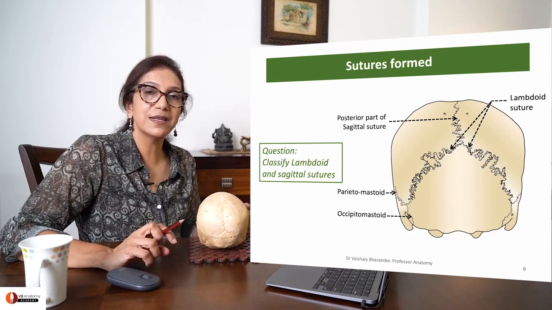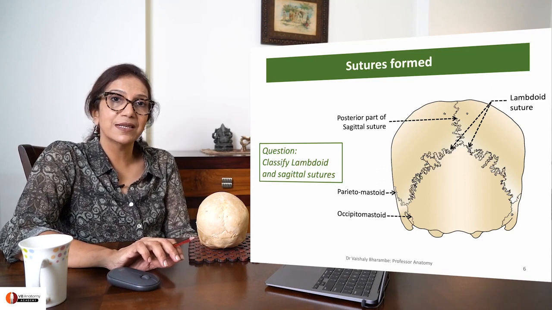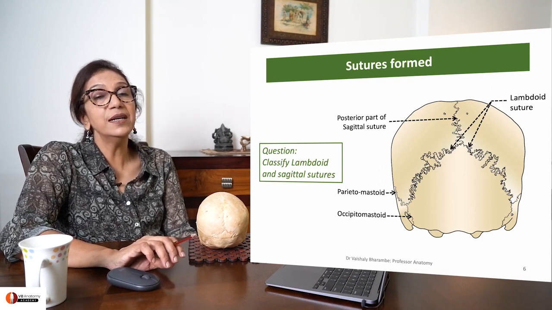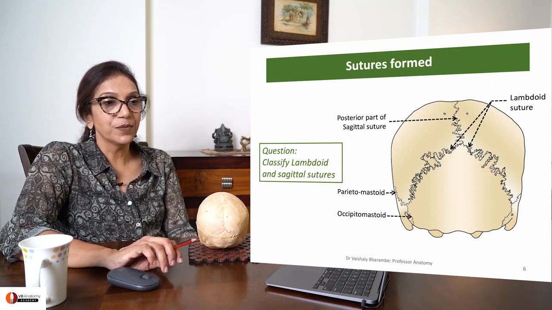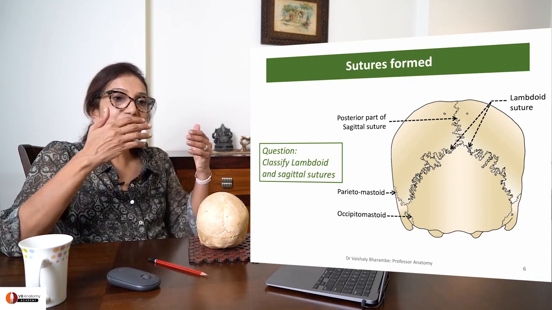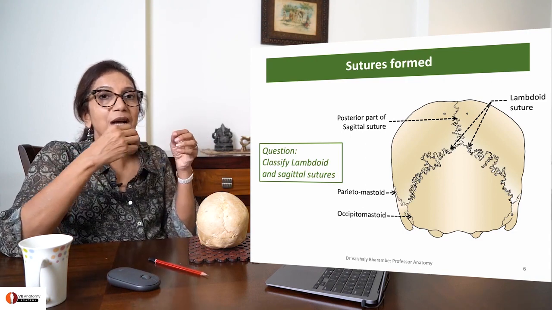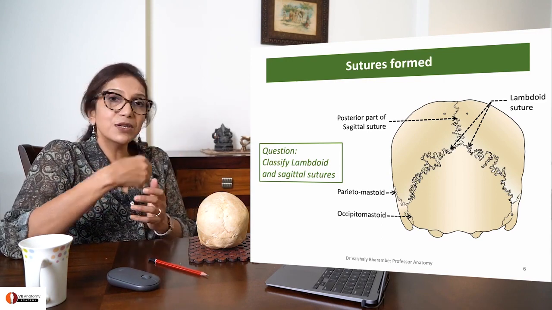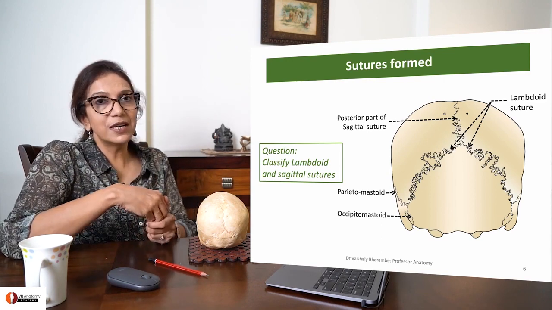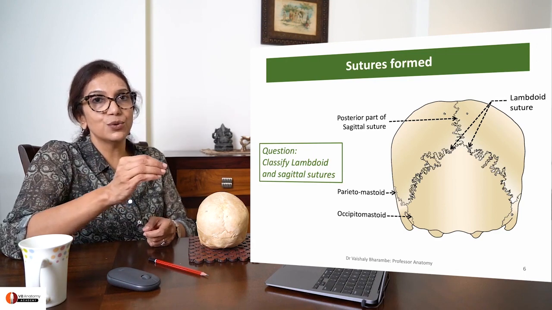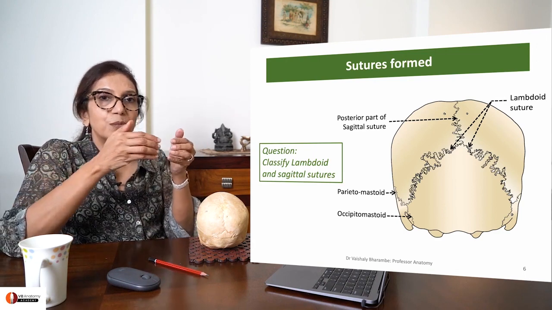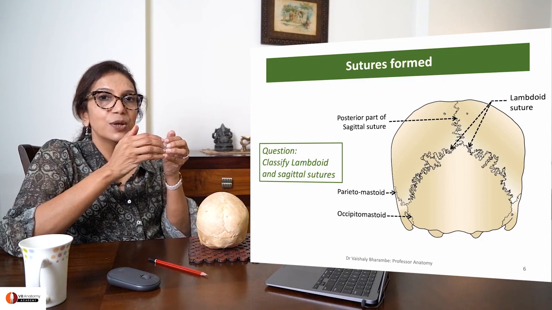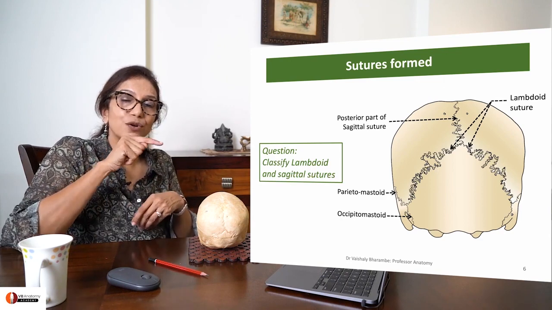Can you classify the sagittal suture? Yes. Okay. Lambdoid suture is a denticulate suture, where the edges of the bones that are articulating are tooth-like and they fit into each other. What about sagittal suture? The sagittal suture is a serrate suture. The edges of the joint of the bones that are joining each other are like the edge of a saw.